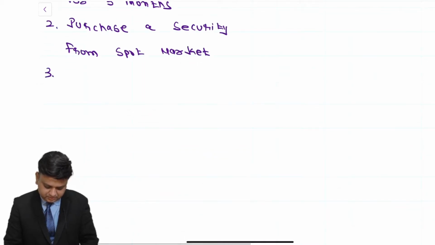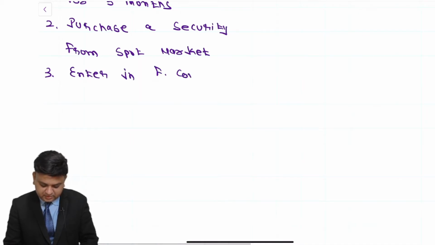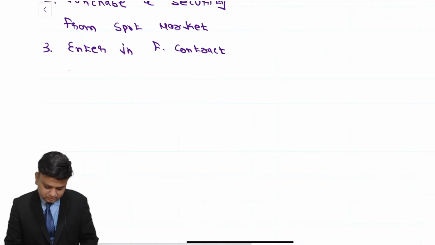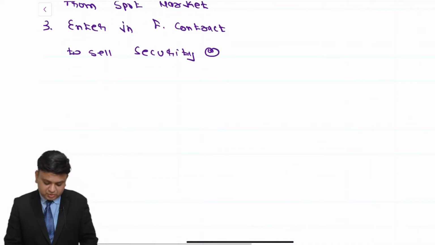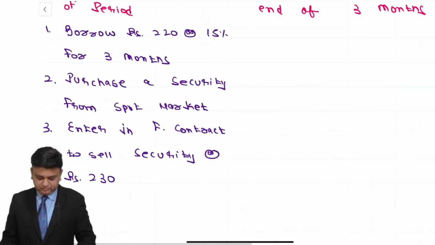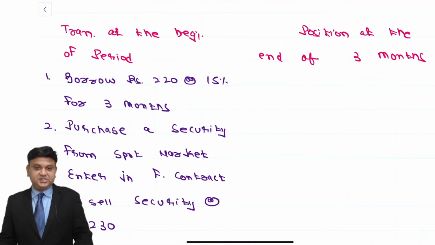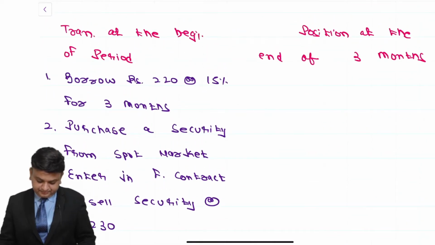Third, enter into an F contract to sell the security at the rate of rupees 230. These are the transactions in which you will enter upon today.